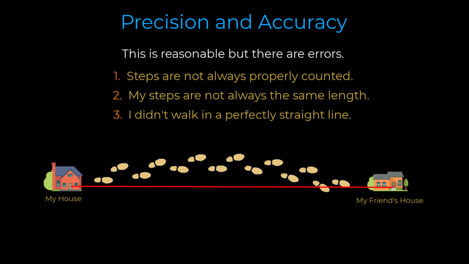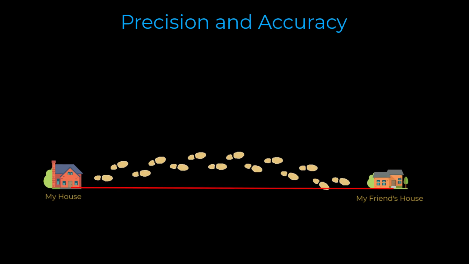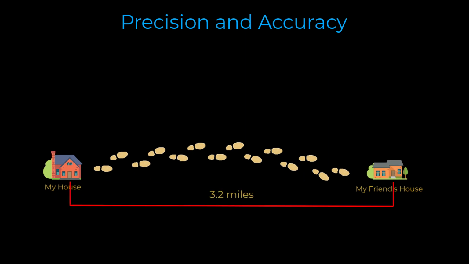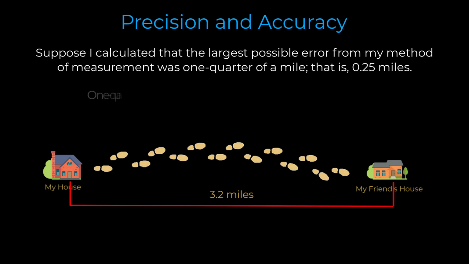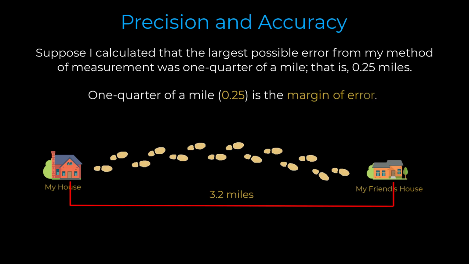All things considered, the method of measurement I chose was a good one, but it wasn't perfect. I can rather laboriously go through each of the potential sources of error, evaluate them, and add them together to give me the biggest possible error for that method of measurement. Suppose my fitness watch said I traveled 3.2 miles from my house to my friend's house, and I calculated that the largest possible error for my method of measurement was 1/4 of a mile, which I can also write as 0.25 miles. 1/4 mile, then, is said to be the margin of error.